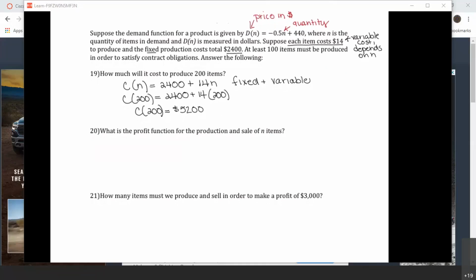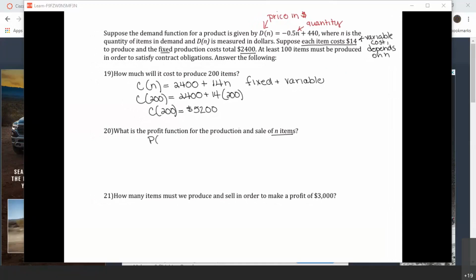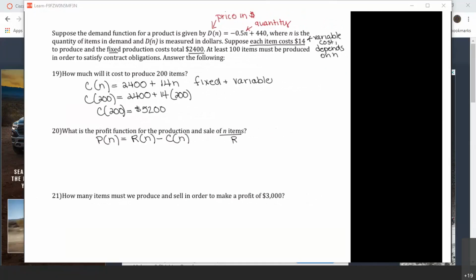Now they want us to know what is the profit function from the sale of n items. Okay, so profit is revenue minus cost. Okay, but I have a cost function, but I don't have a revenue function. So revenue is your price times the number demanded, right?